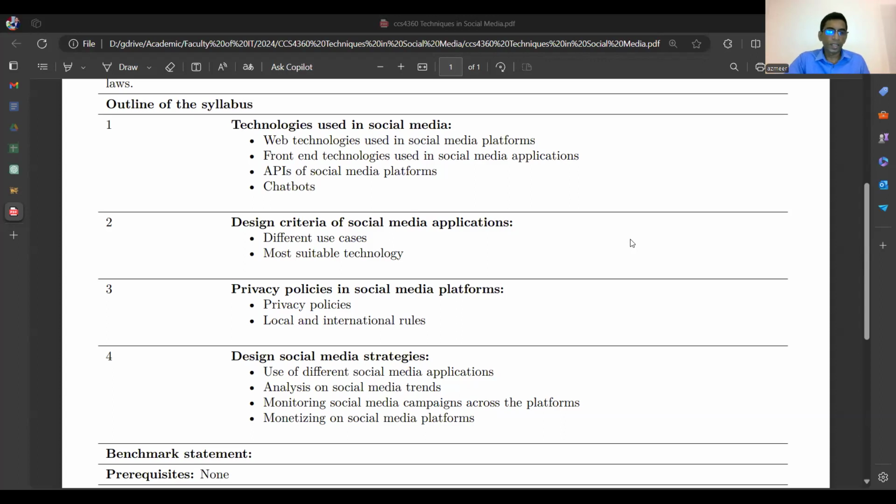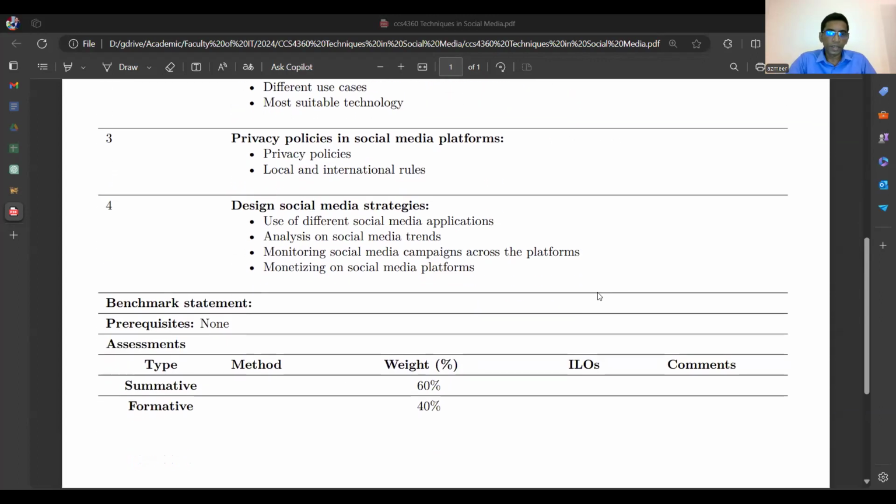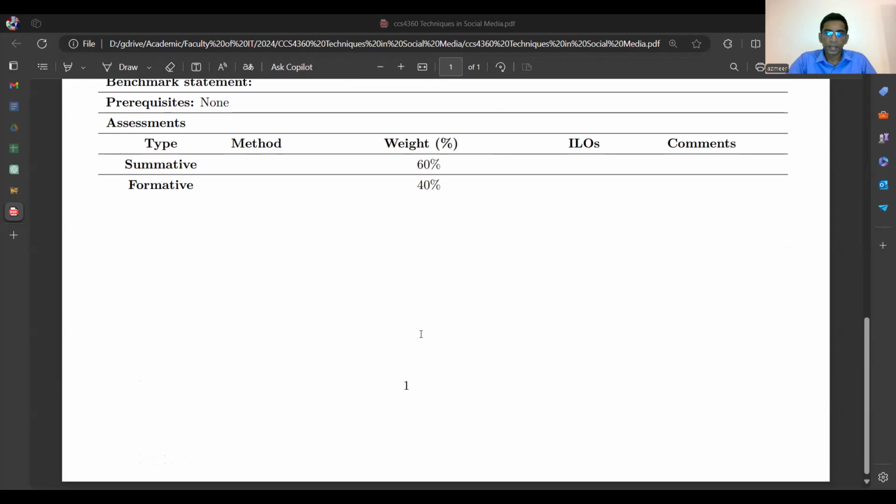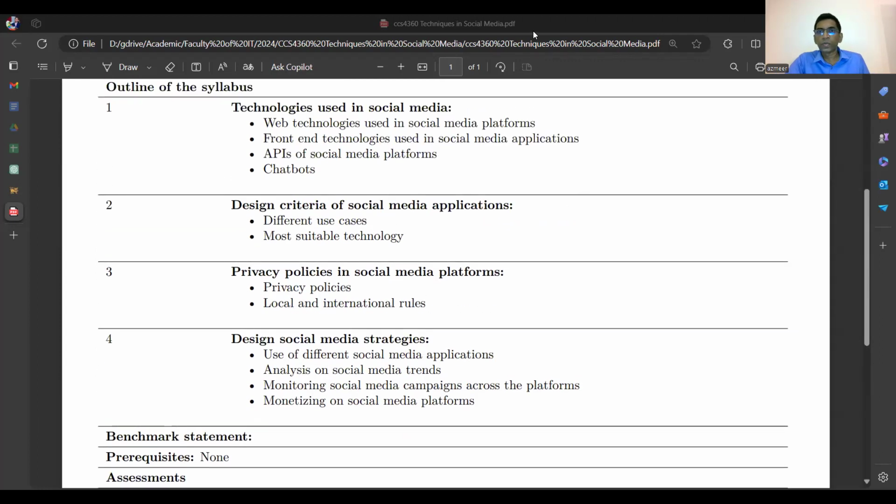Okay. So this is the outline of our unit. No prerequisite here. And the assessment, okay, let me switch to the presentation.